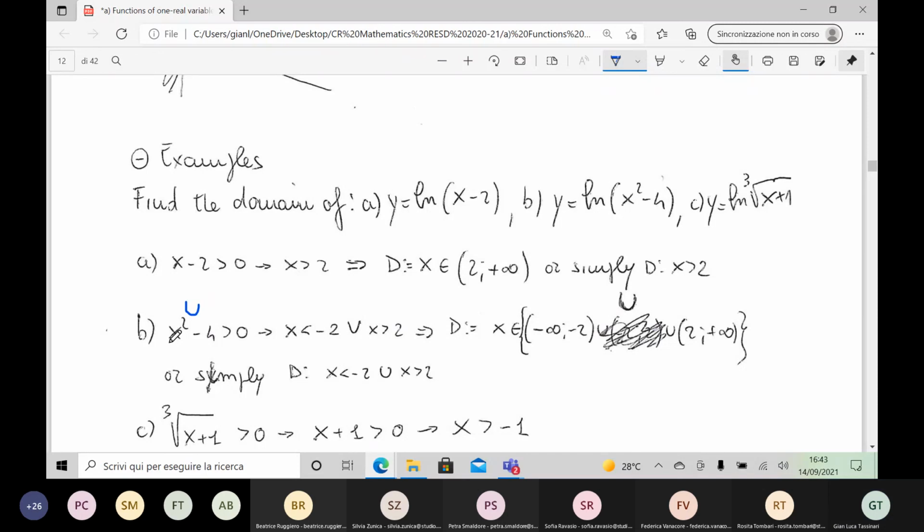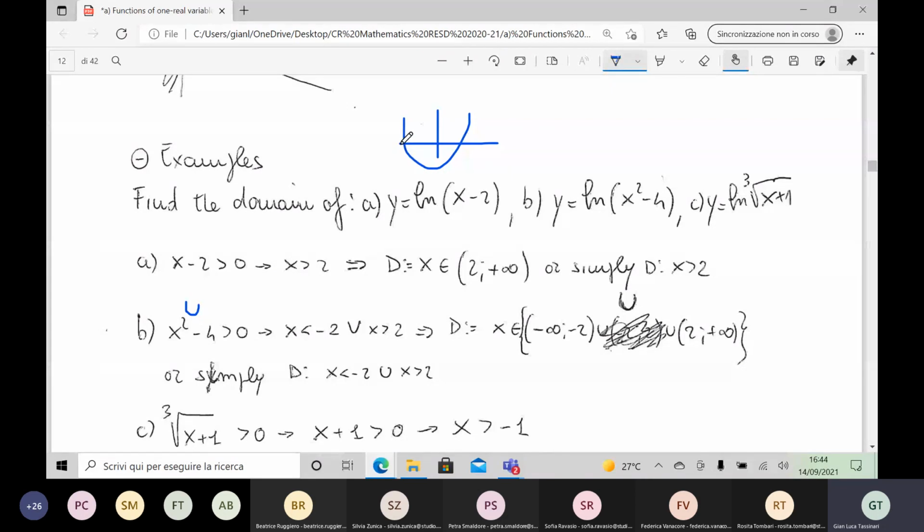Does this parabola have intersection with the horizontal axis? You have to set x squared minus 4 equal to 0, from which you get, guys, minus 2 and 2. So your parabola is something like this. I will not do it perfectly. Here you have the minus 2, here the 2.